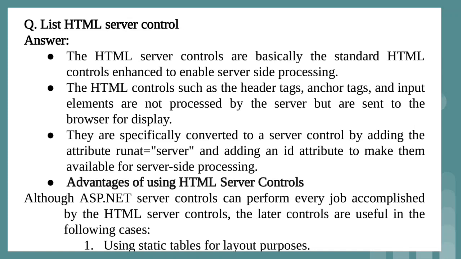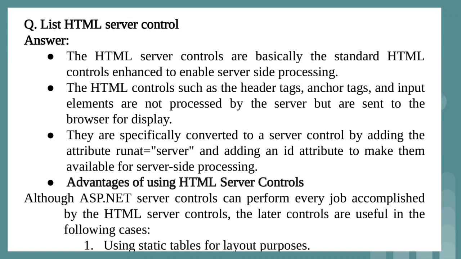So basically these tags are converted to server controls by adding the attribute runat=server. If we are using only the form tag, then that is an HTML tag. But when you add the attribute runat equal to server to the form tag, that particular form tag, which is an HTML control, is now converted to an HTML server control.